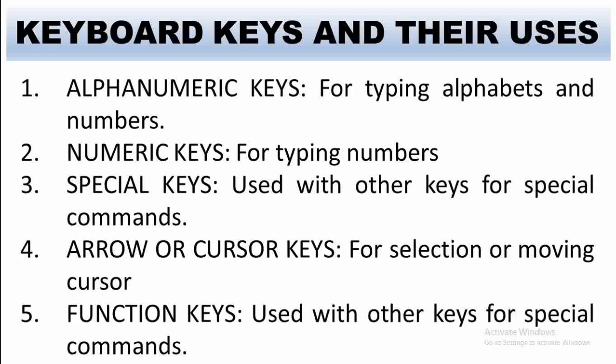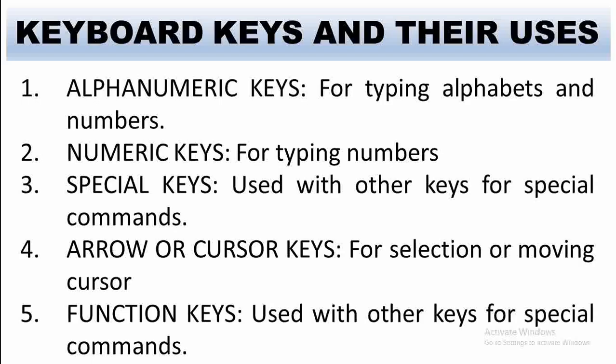So in summary, I have highlighted the sections of the keyboard, each of the keys we have there. Like I said, the alphanumeric keys are used for typing alphabets and numbers. Numeric keys are used for what? Typing numbers. We have the special keys. We started from the escape key, tab key, caps lock, shift, control, alternate key, space bar, enter key, backspace, and the delete key.